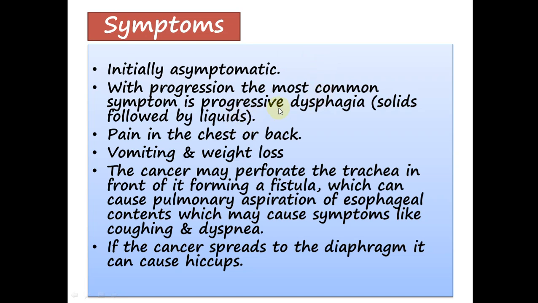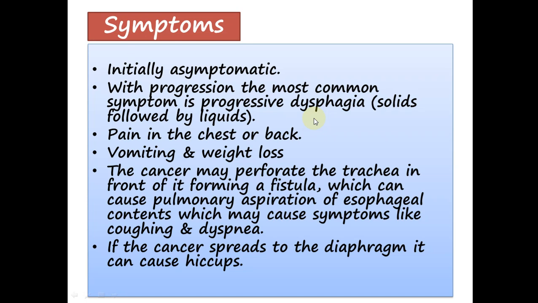Now, with progression of the disease, when the disease progresses more, first the patient develops dysphagia, difficulty in swallowing foods. Initially, the patient suffers from difficulty in swallowing solids, and a long time after, the patient develops difficulty in swallowing even liquids, and this is a very dangerous sign.